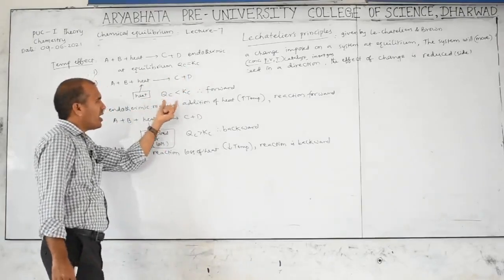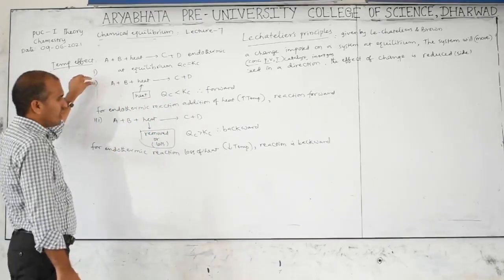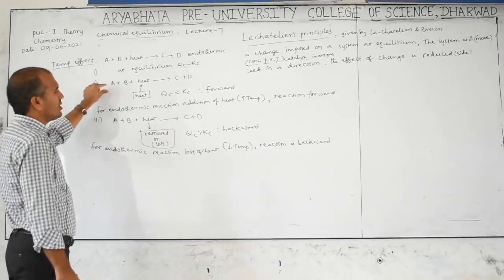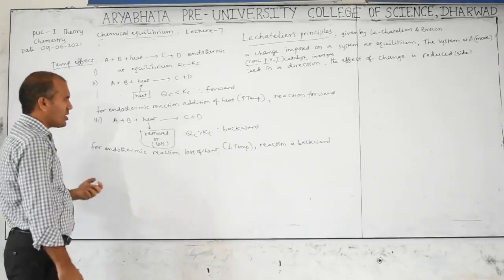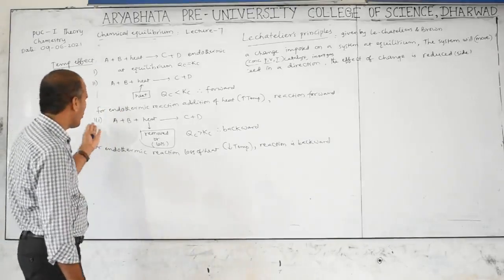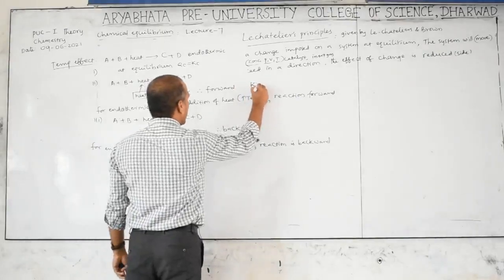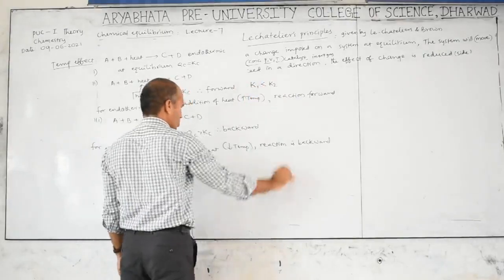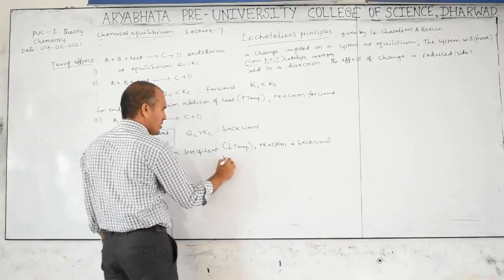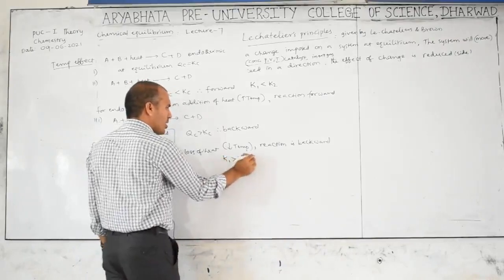Before that, here we have Kc. When temperature increased, this is at T1 temperature, this is at T2 temperature increased, therefore at this condition I want to write K1 is less than K2. At this condition K1 is greater than K2.